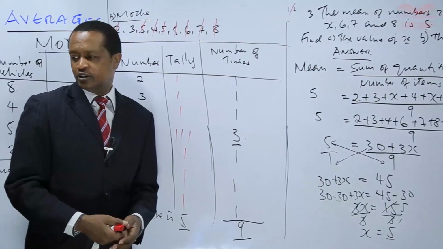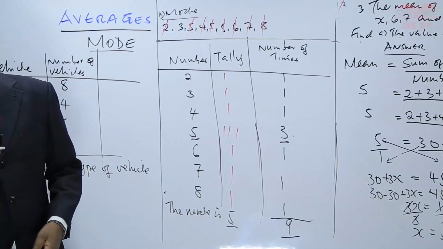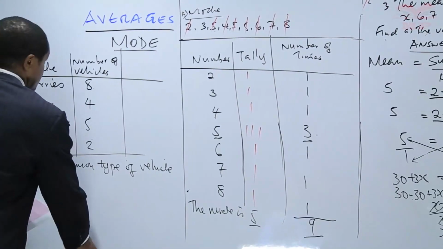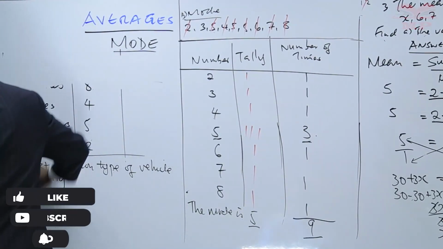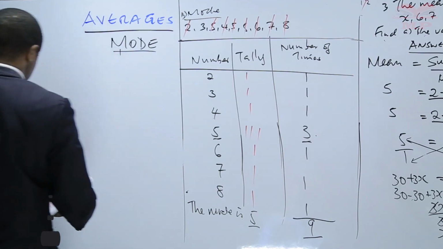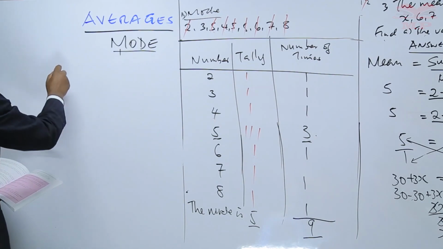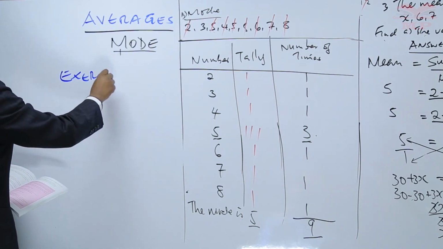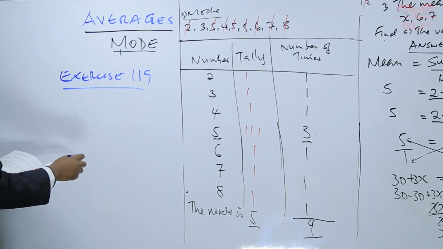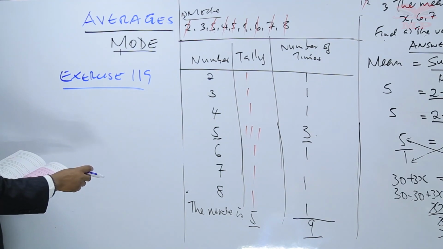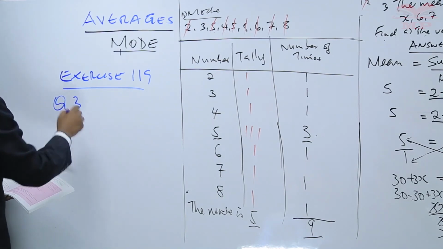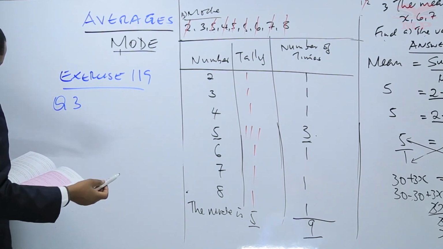And before we close the lesson, let me give you an exercise. Today we are exercising on mode. We have done 3 questions. So it's your turn to go and practice. Go to exercise 119 and do question 3, because you have done question 1 and question 2.